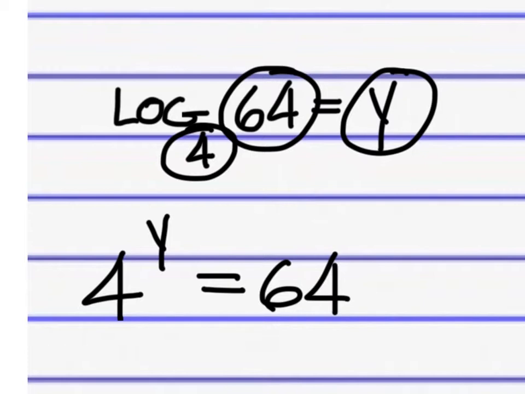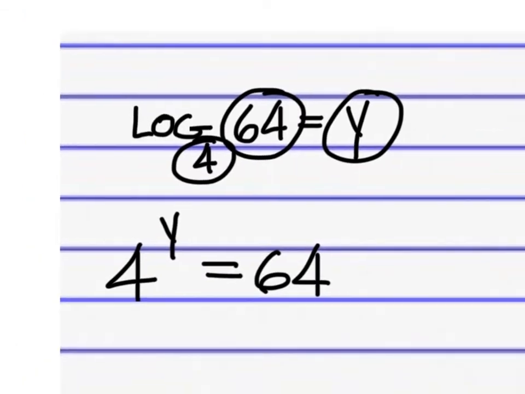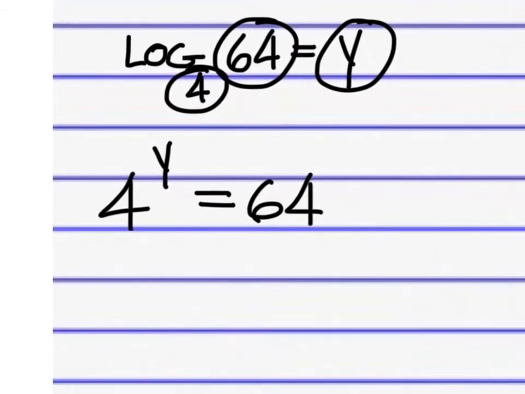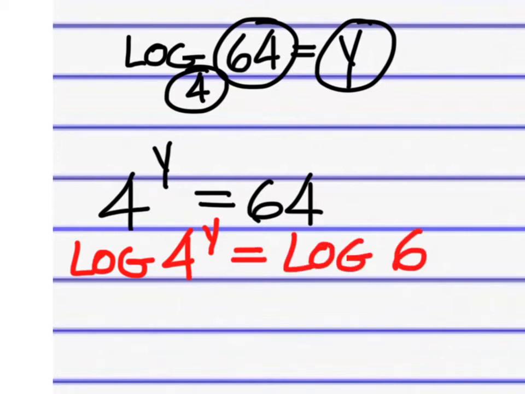But if you can't, and you will get some that you cannot just look at and come up with the solution for y, then you should know how to do this. And the way you would solve an exponential equation like this is to take a log of both sides. So log of 4 to the y power, and then equals log 64.